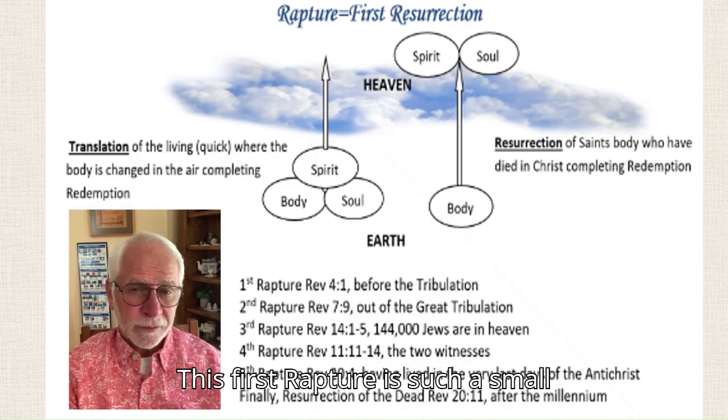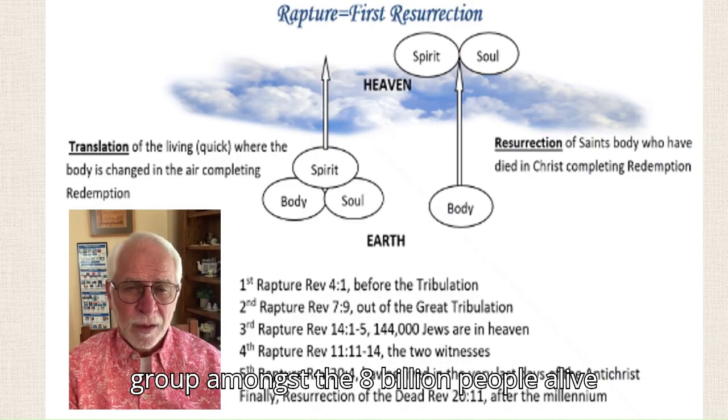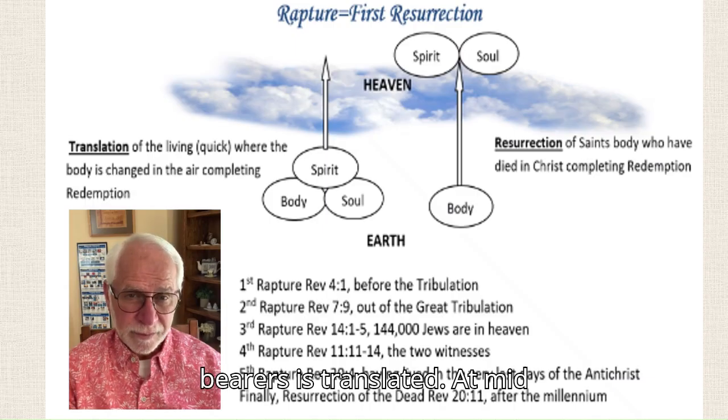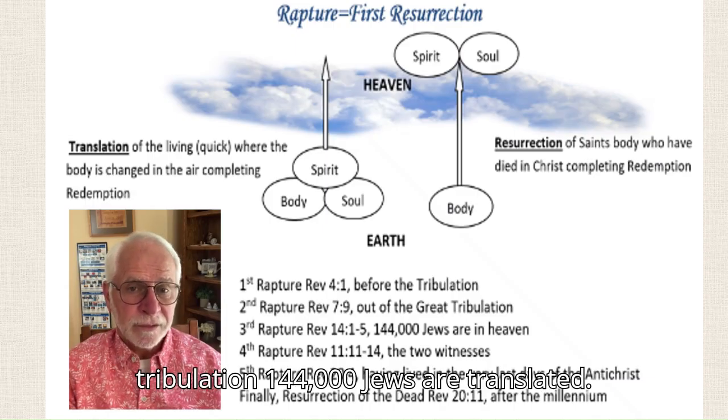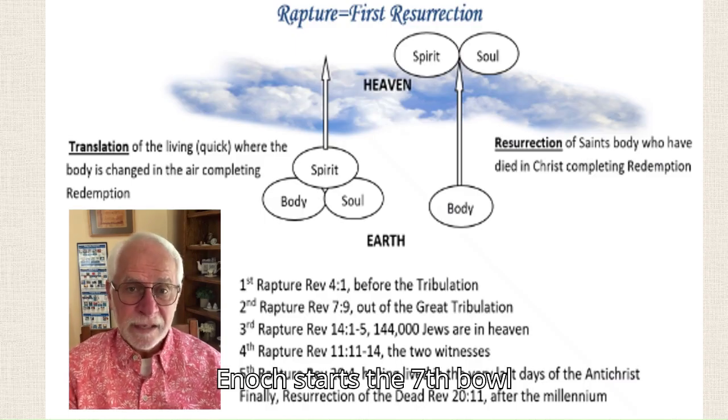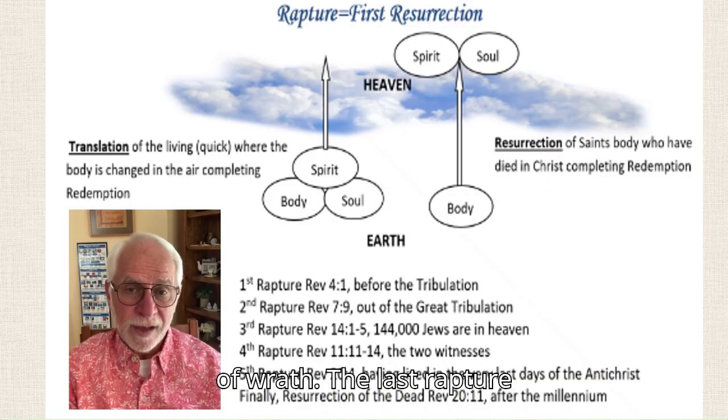This first rapture is such a small group amongst the 8 billion people alive that it will barely be noticed. Between seals 6 and 7, the great multitude of palm bearers is translated. At mid-tribulation, 144,000 Jews are translated. Later, the translation of Elijah and Enoch starts the 7th bowl of wrath.